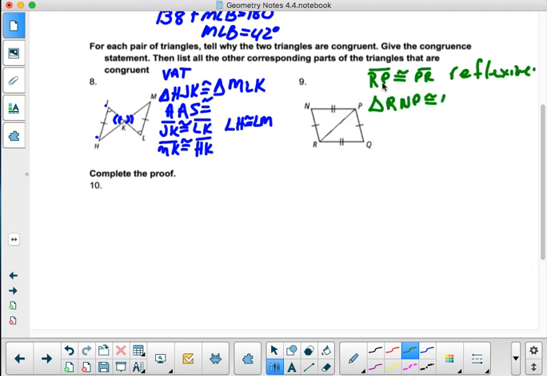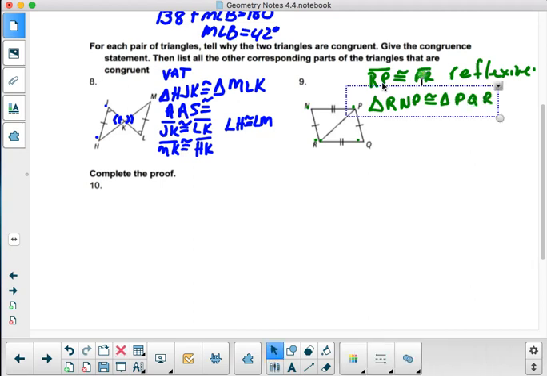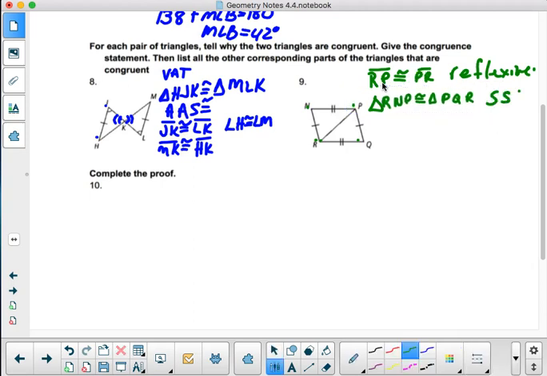Order matters. I started with RNP, so I'm going to go PQR, because of side, side, side congruence. The other pieces that weren't stated in the congruence are the angles: angle R, angle N, angle P congruent to angle P, angle Q, angle R.